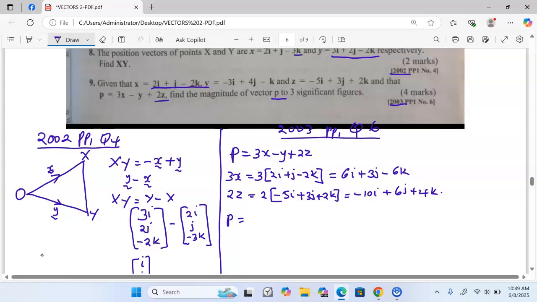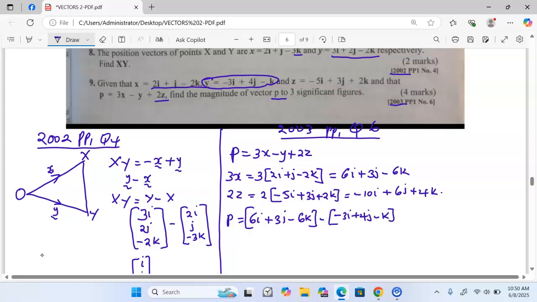Once we have gotten thrice x and twice z, we can now get p by taking 3x, which is going to be 6i plus 3j minus 6k. Then we minus y, and y has been given as negative 3i, then 4j and minus k.